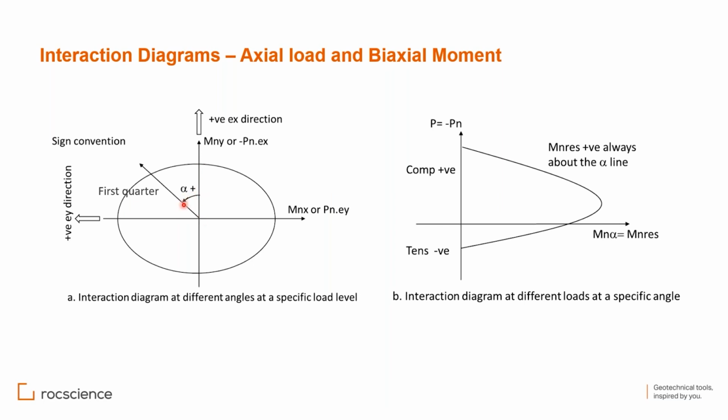If you put this in front of you and you put ex, ey in front of you, you will understand why. So remember, when you read the values from our interaction diagrams, your alpha starts from the y-axis counterclockwise in the Mny, Mnx diagram, not in anything else.